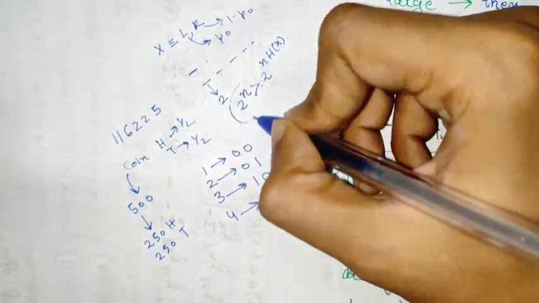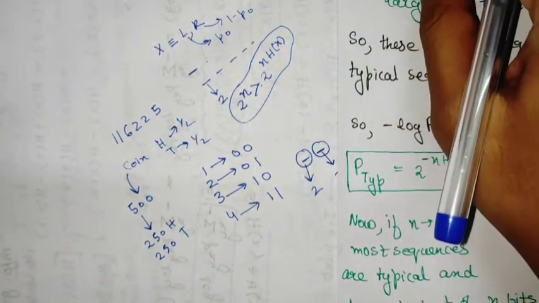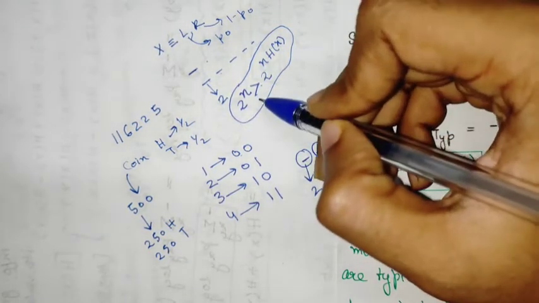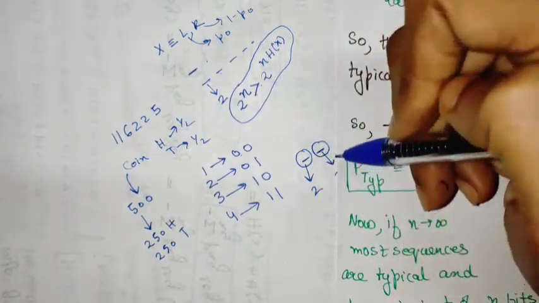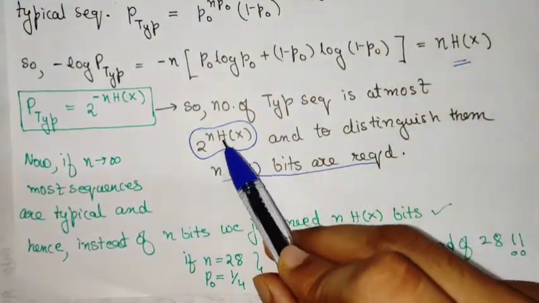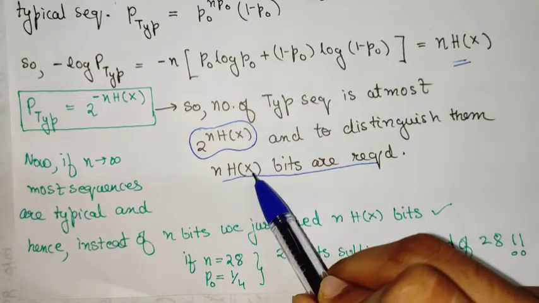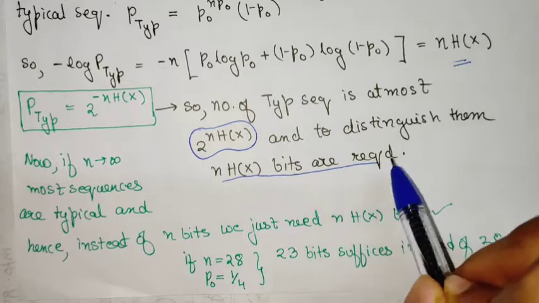If the probability is not uniformly distributed, then this is always less than that. And we are seeing that to code all the typical sequences we need n H of X number of bits.